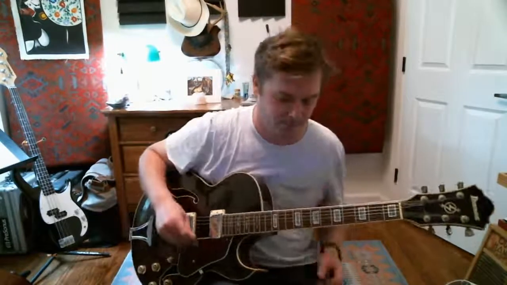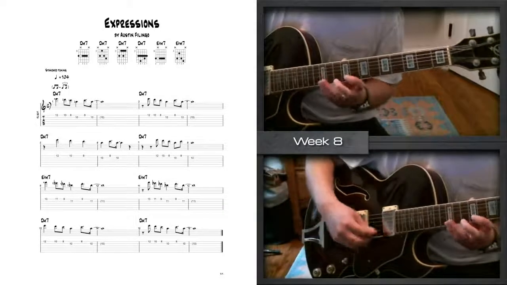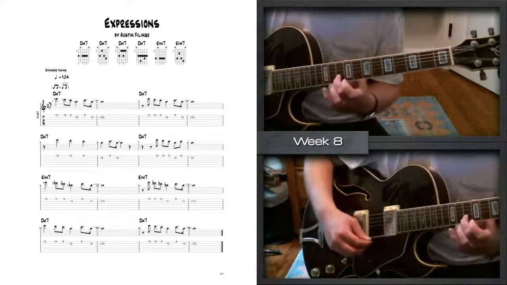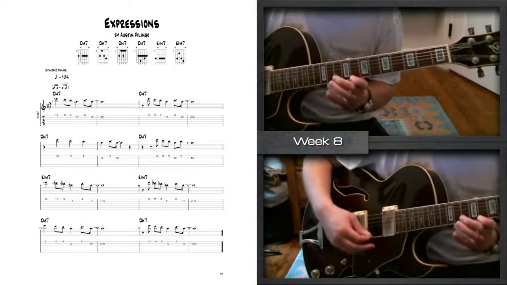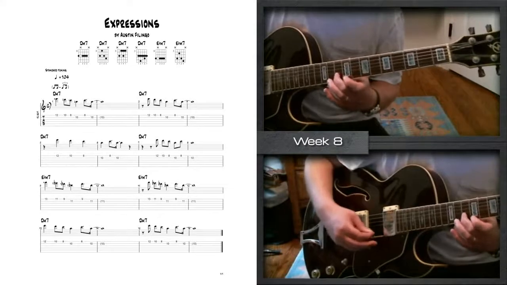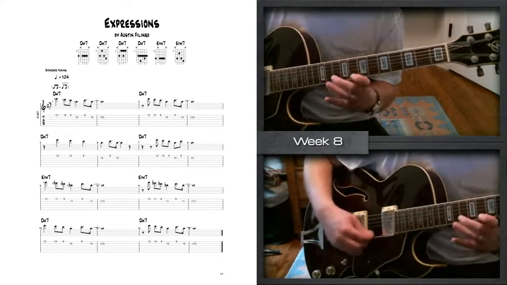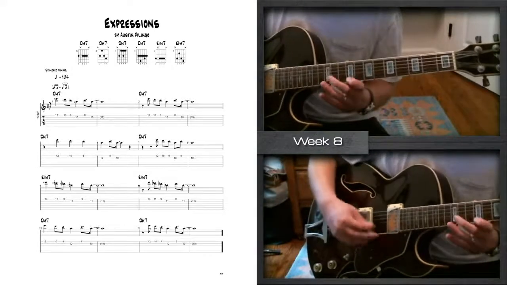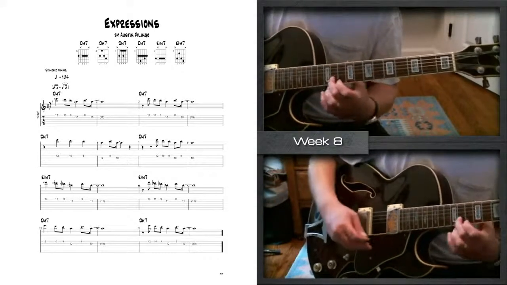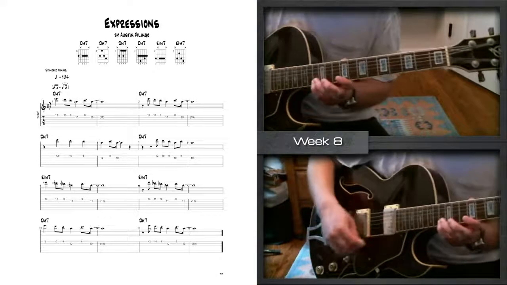One, 2, 3, 4, 1, 2, 3, 4. Just play it again, 1, 2, 3, 4. Let's move up a half step for the bridge. Now the end of 1, 2, 3, 4, 1.